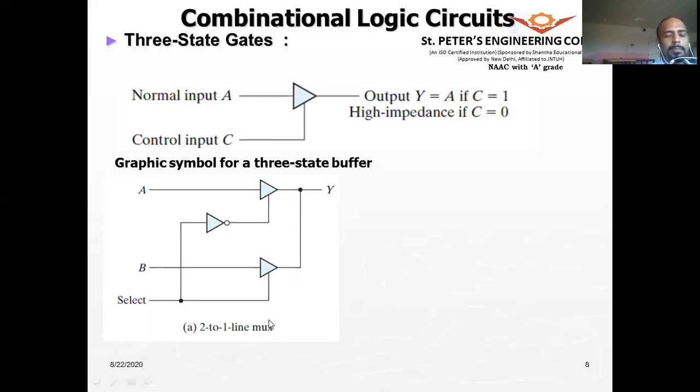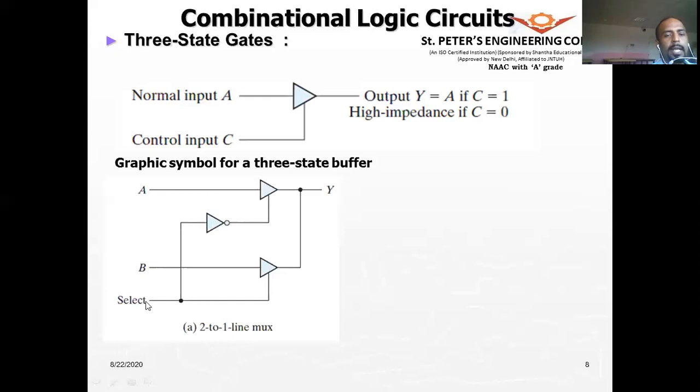When I say a multiplexer, it will have inputs and select lines and only one output. Here I have considered 2 inputs and 1 select line, because we have n select lines and 2 power n input lines. Since n is equal to 1, you will have 1 select line, and 2 power 1 is equal to 2, so you will have 2 data lines.